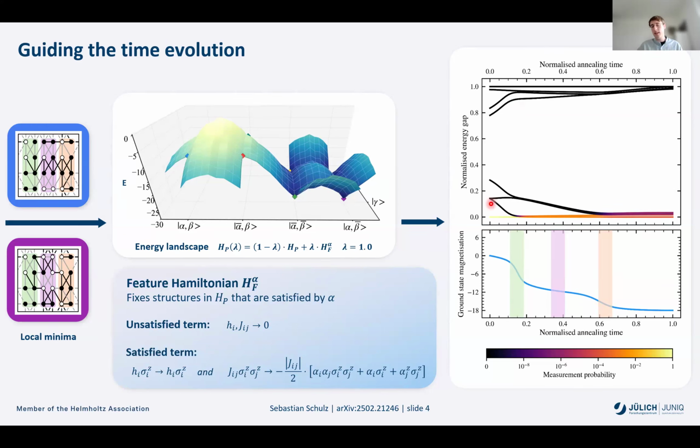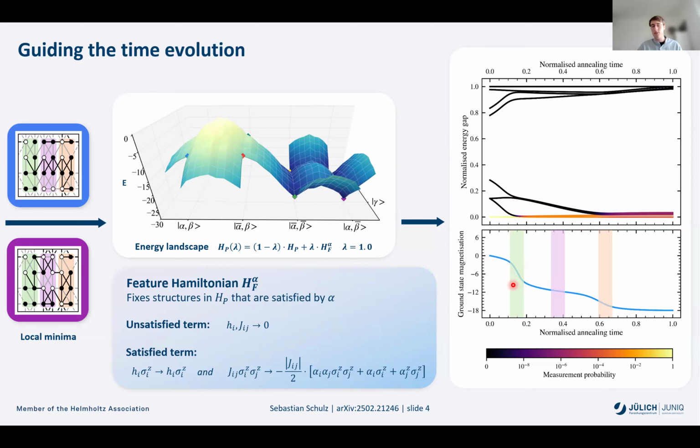And what you can see is that the measurement probability is now confined in these 4 states over here. So this exactly corresponds to this part of the Hilbert space, and we do not measure any state anymore in this part of the Hilbert space. You can also see this here in the ground state magnetization. The second phase transition is now completely gone.